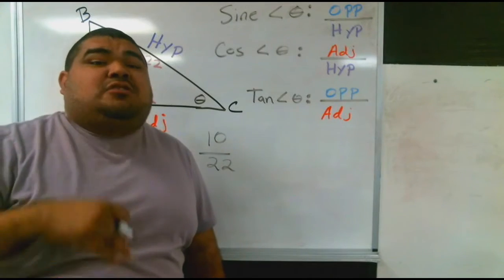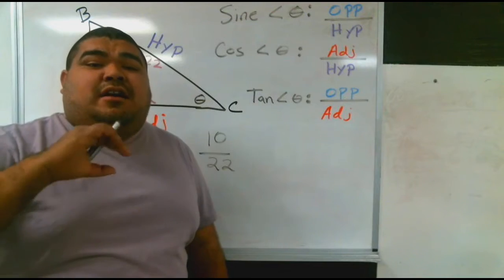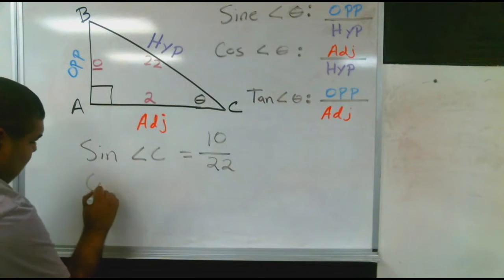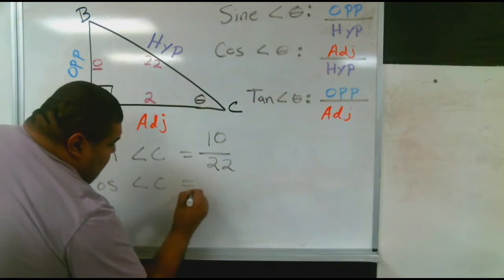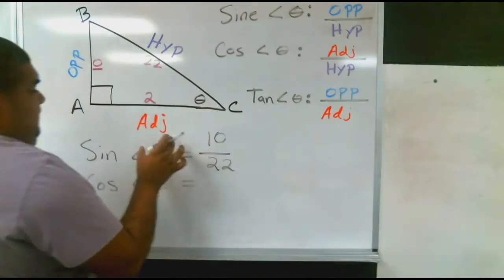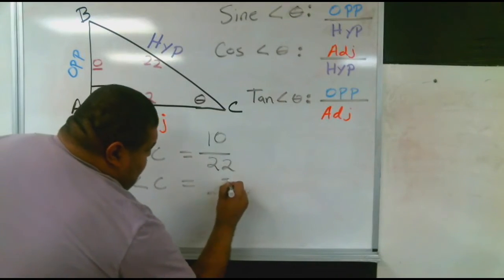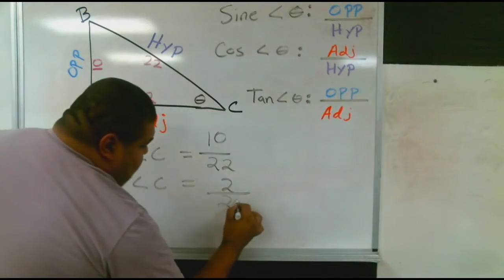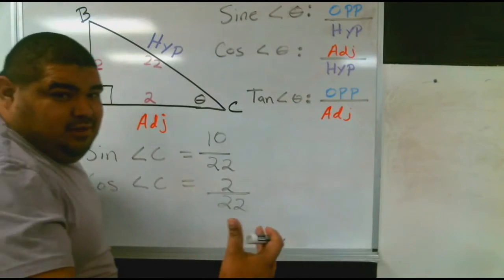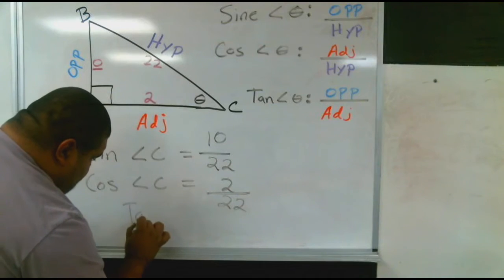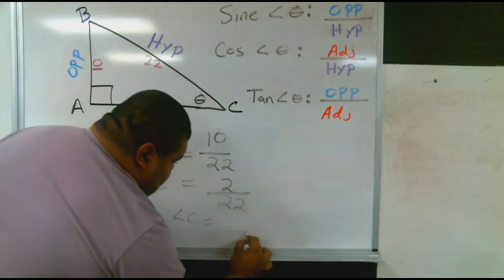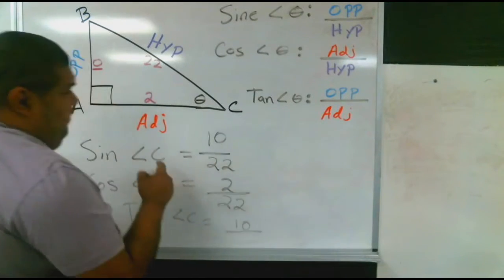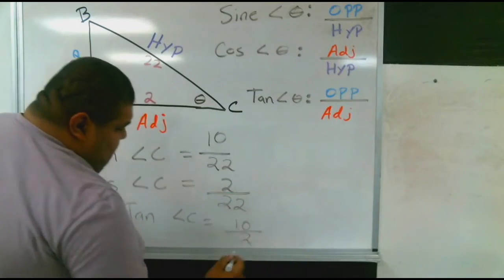That's all I want for now, just to get you in the habit of plugging it in. For cosine, cosine of angle C equals adjacent, which is 2, over our hypotenuse, which is 22. And finally, tangent of angle C equals opposite, which is 10, over adjacent, which is 2. And we are done.